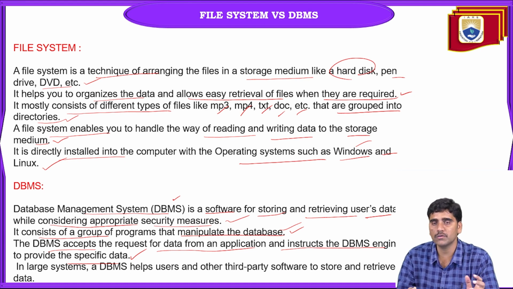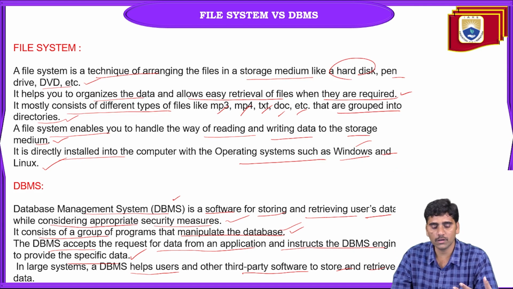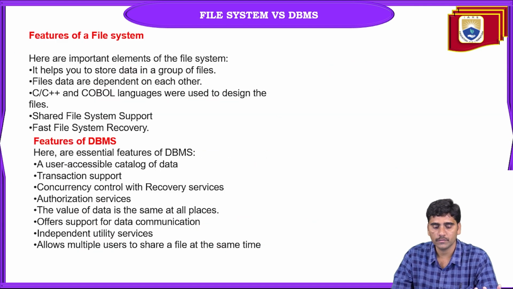So you need to put a lot of data, but it is going to ask the DBMS engine to retrieve specific data. In large systems, DBMS helps users and other third-party software to store and retrieve the data. So to do all this, a DBMS is required.